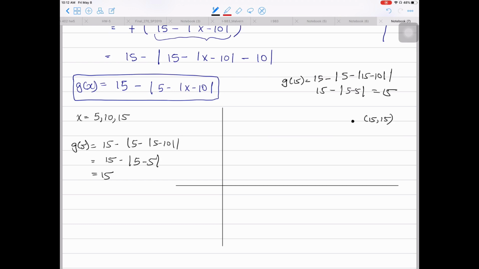So we know that there will be some point (5, 15). At g of 10, it should be 15 minus the absolute value of 5 minus 10 minus 10. This thing is 10. So there would be some point over here, which is (10, 10).